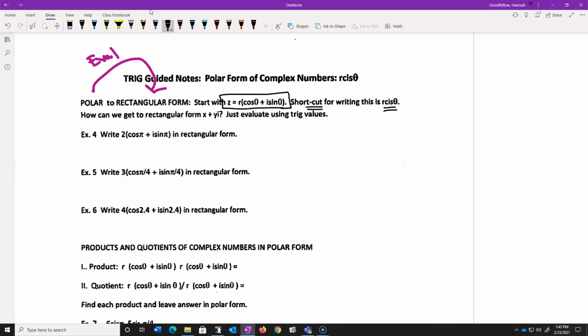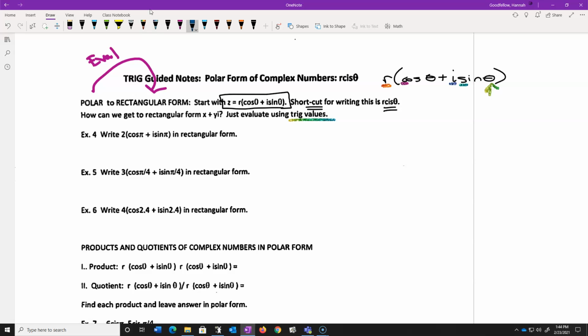What that stands for is r times cosine of theta plus i sine of theta. So we write it in a shorthand version, r-c-i-s. That's what that stands for, and then we talk about the theta that's involved. So if you see it in an r cis format, you should be just fine. Just evaluate the trig functions.